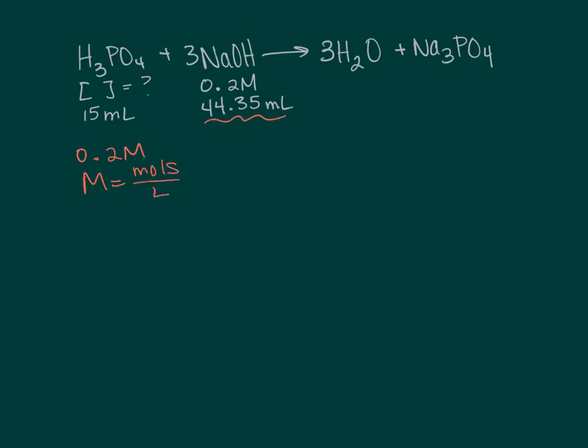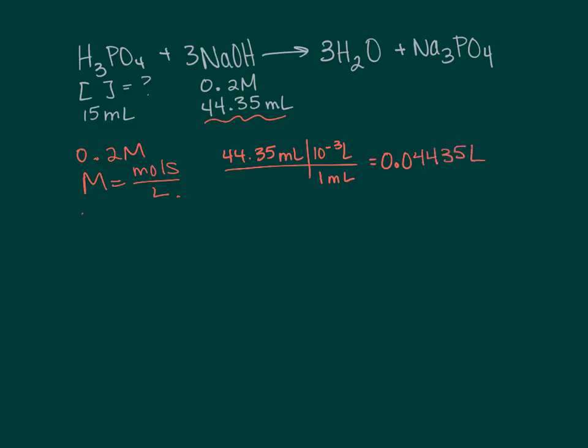So our goal is to figure out how many moles of base was used to neutralize the acid present. Once we have moles of base, we can convert to moles of phosphoric acid, and that can help us find the concentration. So let's first convert 44.35 milliliters into liters, because we need liters for the equation. So for every 1 milliliter, there is 10 to the negative third liters, so that's 0.04435 liters.